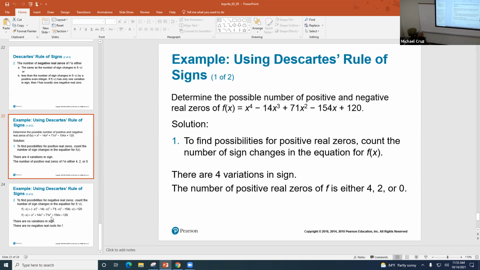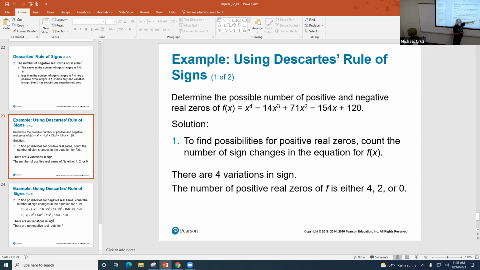You can't find out what they are without going through what we just finished with the synthetic division and the factoring. But this gives you an idea of how many you're going to have of a certain type, in this case, positive ones. If you just look at the function as it is, the number of sign changes tells you the maximum number you can have, which was 4 sign changes.